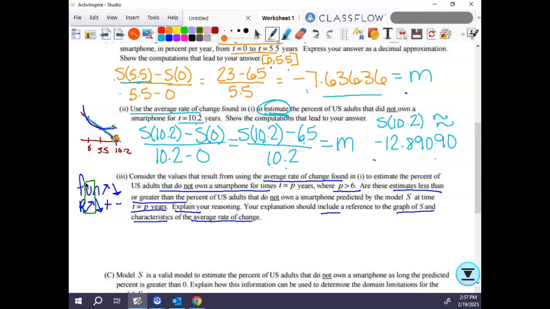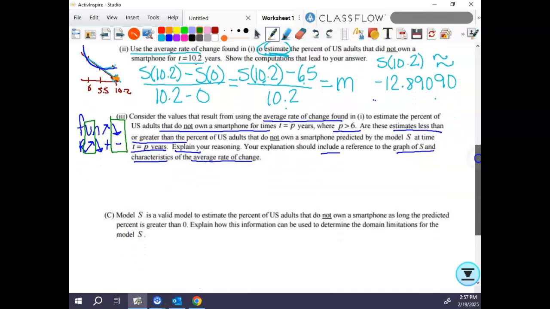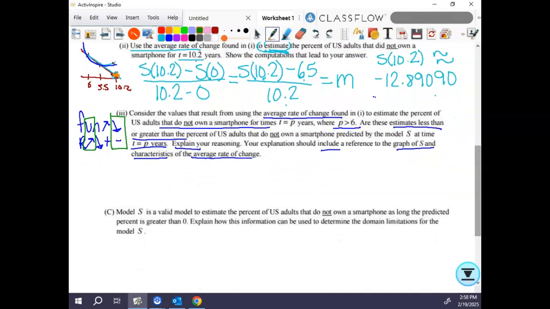And the function itself is decreasing. Since the function is decreasing, the rate of change is negative. So we can talk about the line being below the graph, but we have to do it in such a way that we're talking about the graph. The line that intersects a function at 2 points is called the secant line.